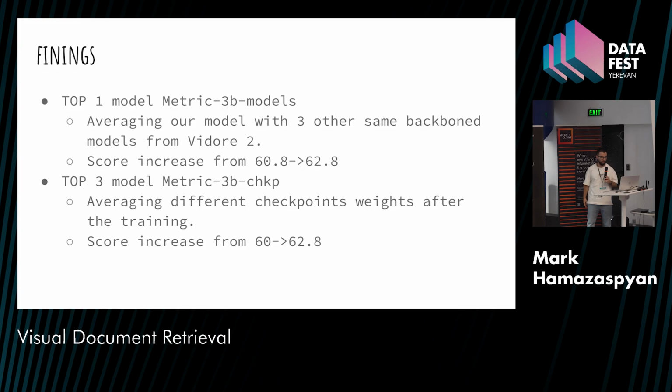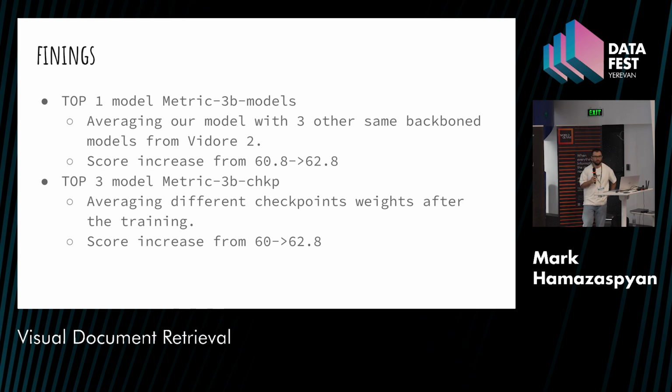Averaging with different checkpoints' weights after the training, we saw that the overall model score goes up. Before it was 60, and when we did the averaging, we got 62.8. There's a slight mistake here: the top 3 model is 62.8, and the top one should be 63.8.